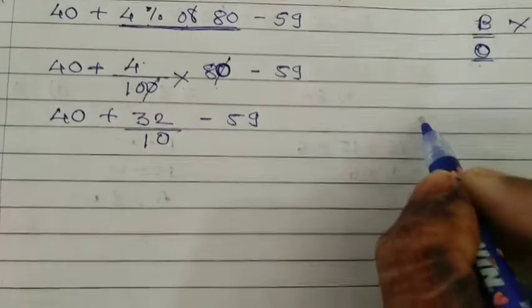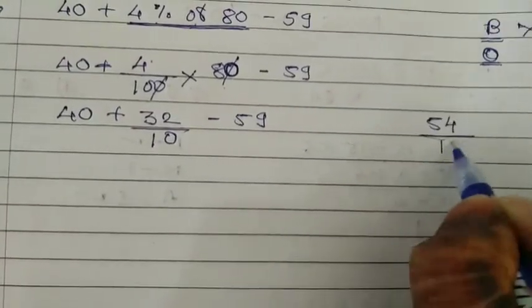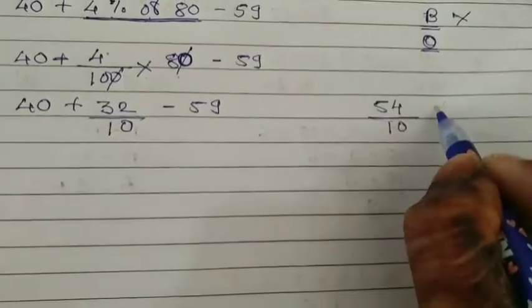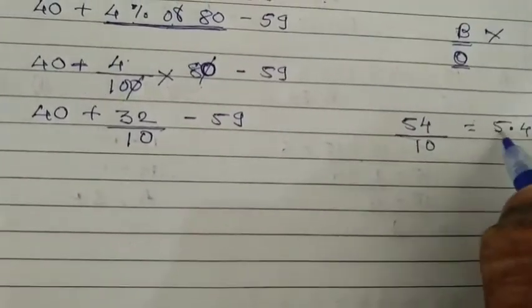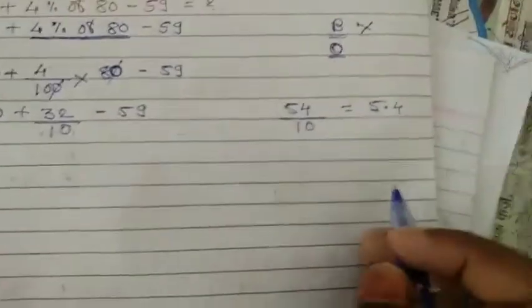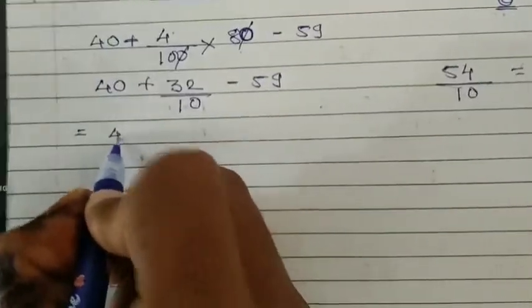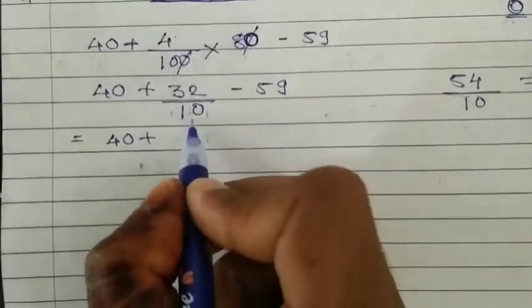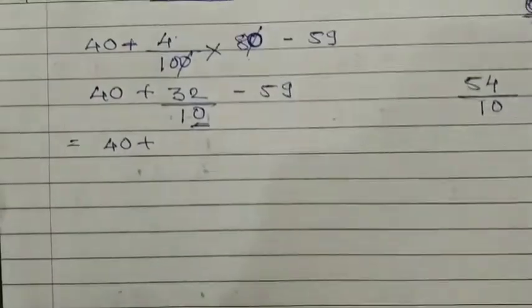Suppose 54 divided by 10, that means 5.4, right? So 40 as it is, 32 by 10. This is only one 10.